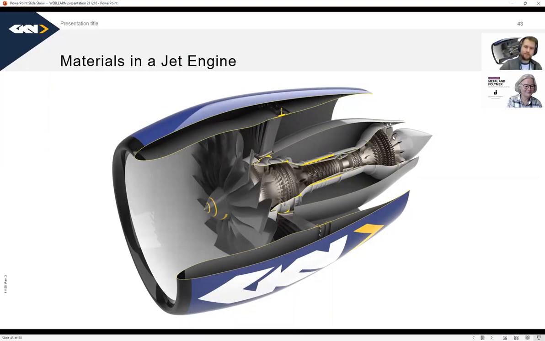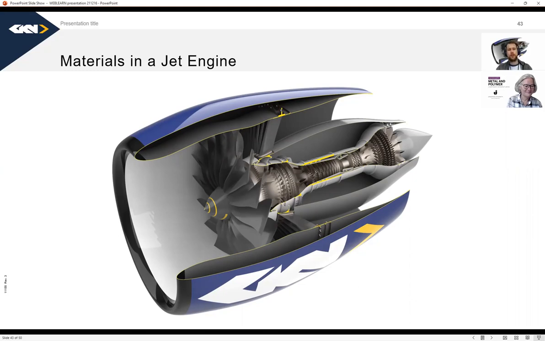It's really simple. When we want to increase the efficiency of a jet engine like this, we want to increase how much we compress the air in the compressor, so that when we ignite it, we get more power out of the air. When we do this, the temperatures also increase in the turbines and in the compressors.